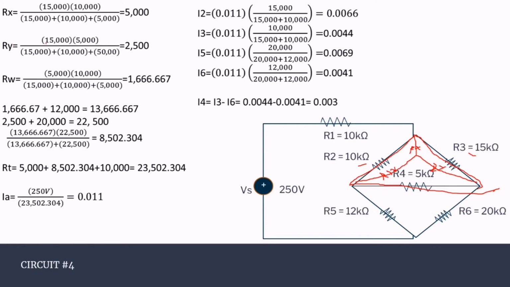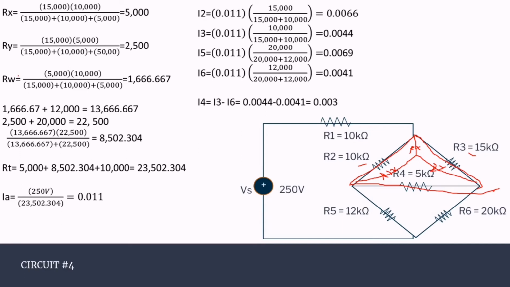Ry, 15K times 5K over 15K plus 10K plus 5K is equal to 2,500 for our Ry.